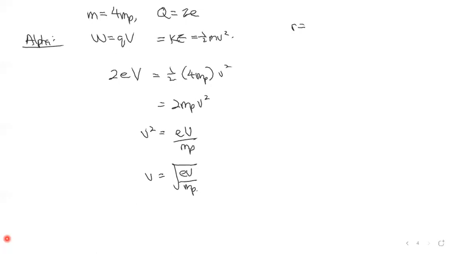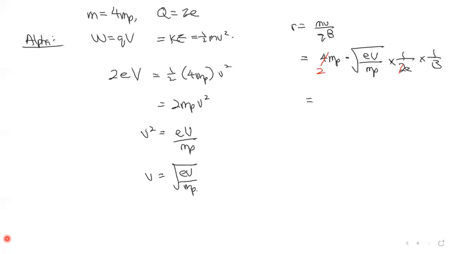The radius must equal mv over qB, which is 4 m_p times the square root of eV over m_p, divided by 2e for the charge, times B. That gives us 4 and 2 cancel to give you 2.